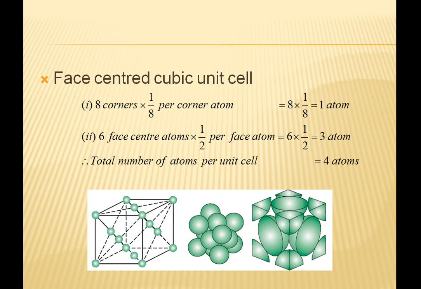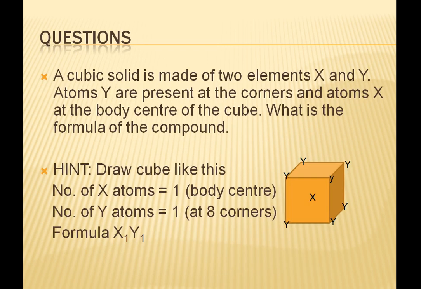Means if there is one big ball which is inserted in the wall of a room in which you are sitting, half ball will be visible to you and half ball will be in the neighboring room. So the contribution is 1/2 per face atom. A cube has total 6 faces. Means number of atoms will be 3. So total number of atoms per unit cell will be 3 plus 1 equal to 4 atoms.